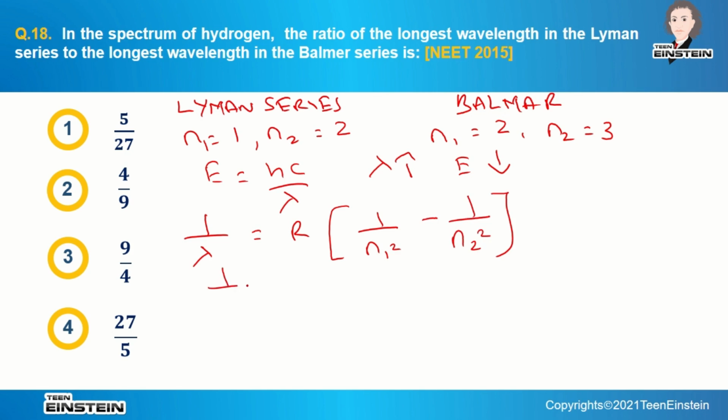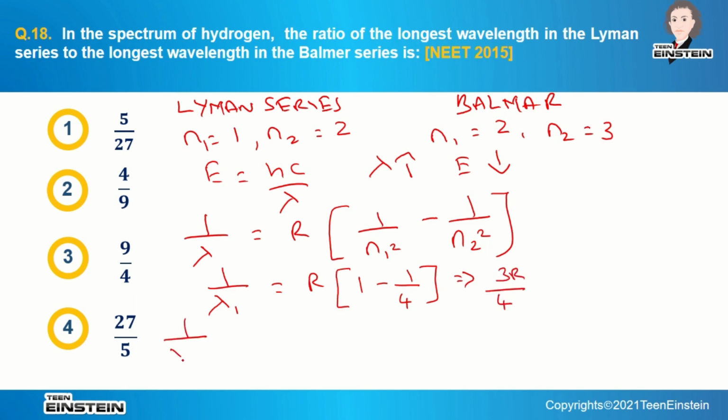So you will be getting 1 by lambda 1. This is for Lyman series. So you will be having R into 1 by n1 square is 1 minus 1 by 4. So this will be 3R by 4.